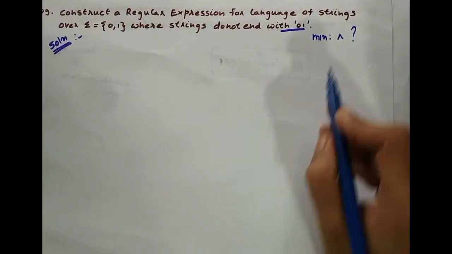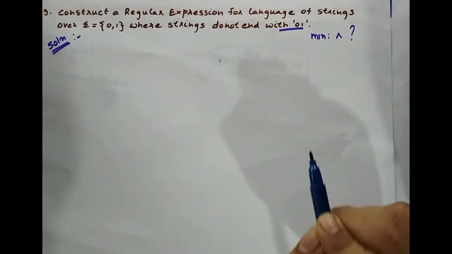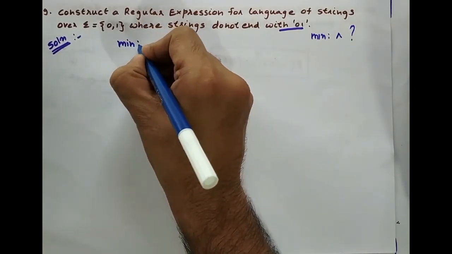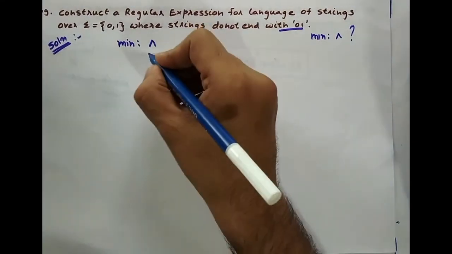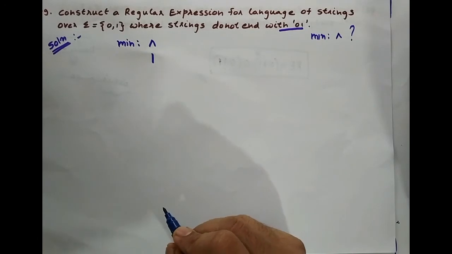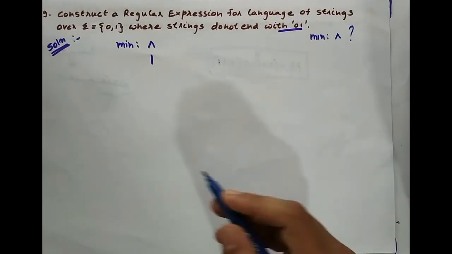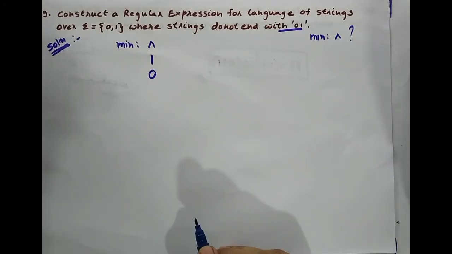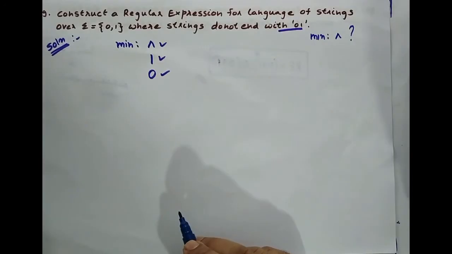Yes, because in null also the string does not end with 01. Next, can it be a single 1? Single 1 can be accepted, yes, because it also does not end with 01. What about a single 0? Yes, again this should also be accepted because a single 0 also does not end with 01. So all these 3 strings should be accepted.